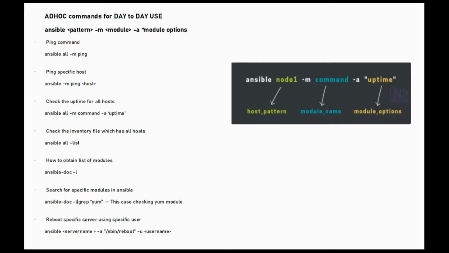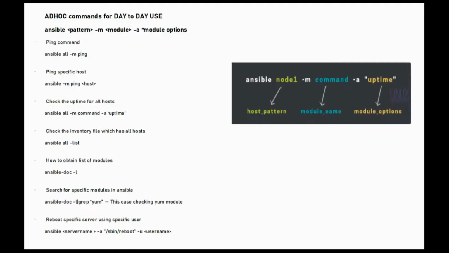Every server has an owner, right? And you want to reboot it. So if I'm a system admin and I want to reboot the server using root access or using the username called ansible, I can specify that as well.